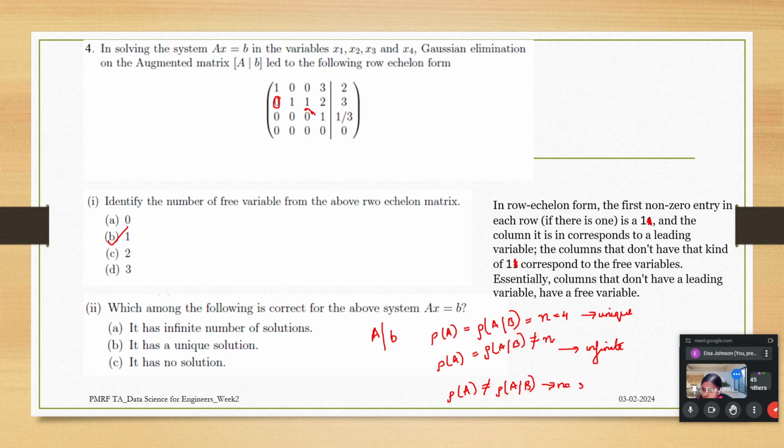The first part again: this is a row echelon form. Here there are 4 variables x1, x2, x3 and x4.